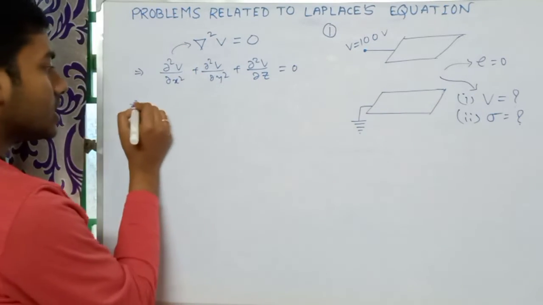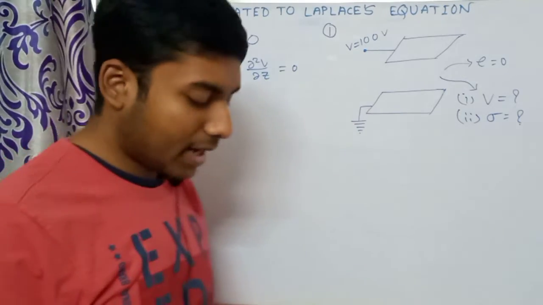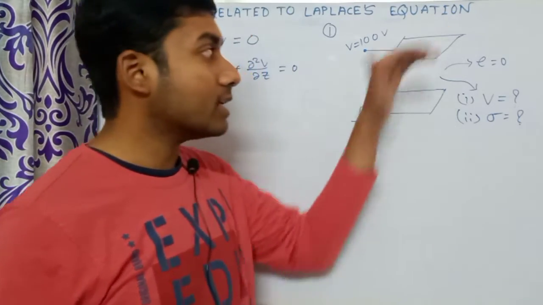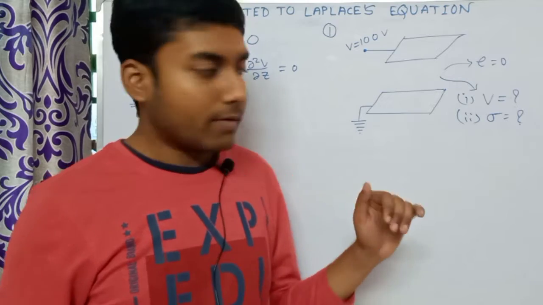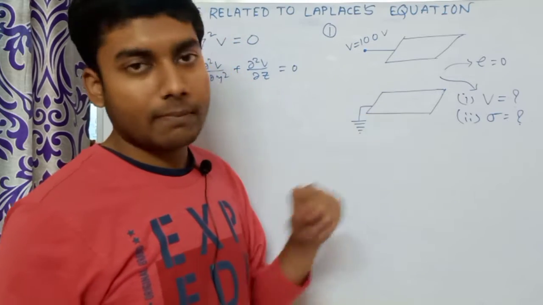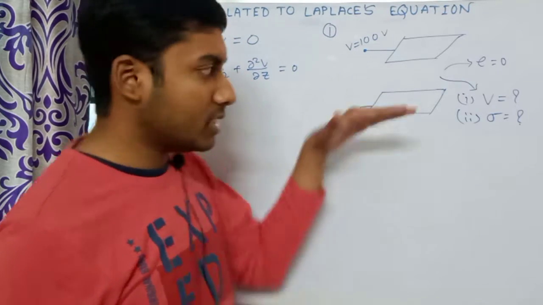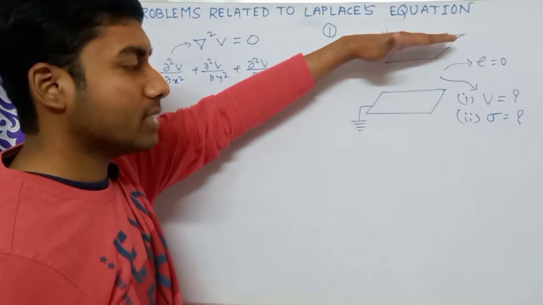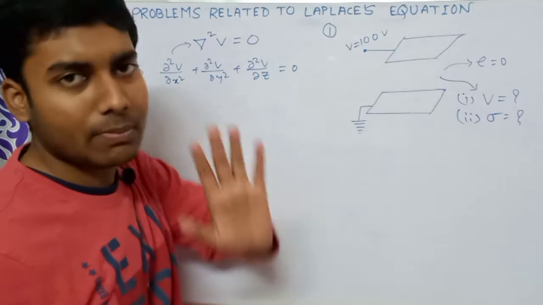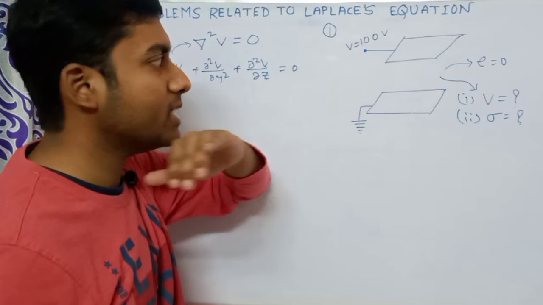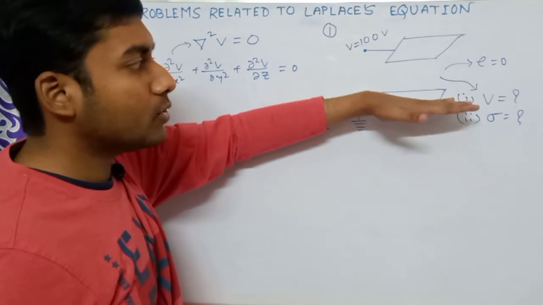Here you can understand that these are infinitely extended plates. Suppose this is the xy plane, and this is suppose our z equals to 2 plane, that means parallel to the xy plane.